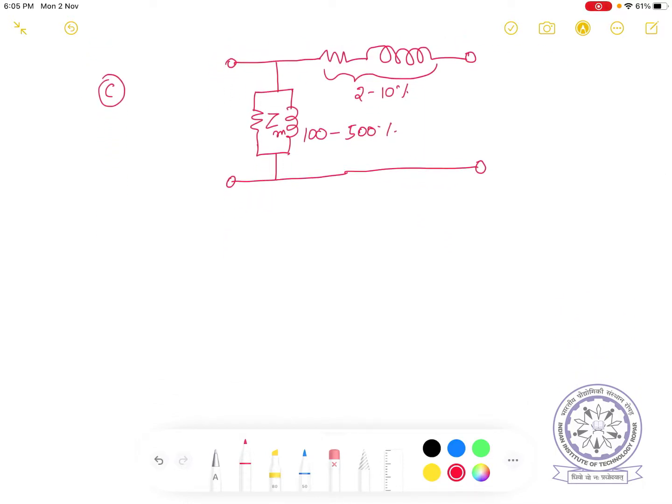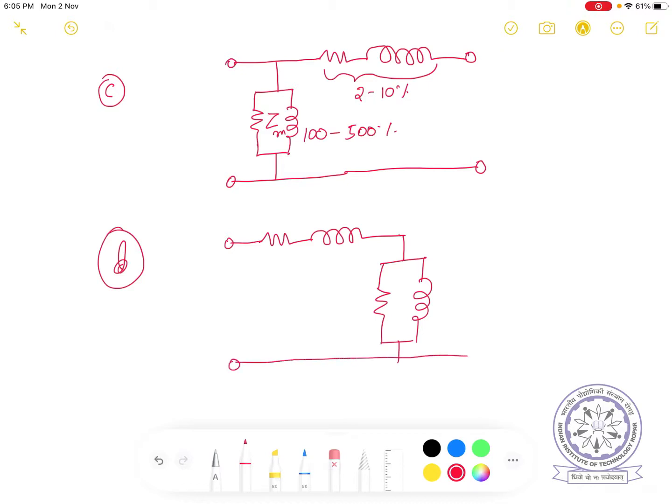Another way of representing it is this way, where the series branch comes in the beginning and the shunt branch is put like this. This is another approximate equivalent circuit.